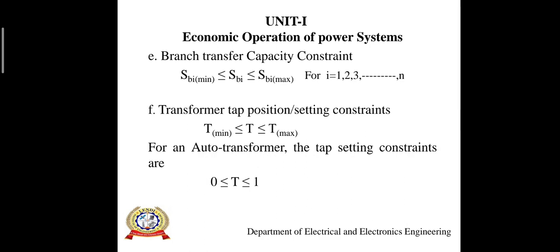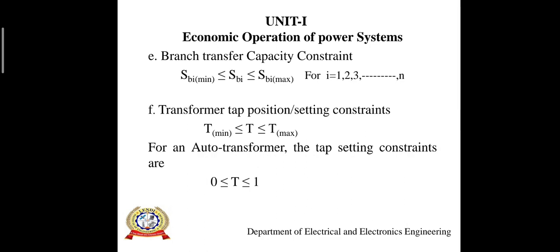For an auto transformer, we all know that the tap setting constraint is 0 less than or equal to T less than or equal to 1. Strictly, we have to maintain it between 0 and 1, where the minimum tap is 0 and the maximum tap setting is 1.